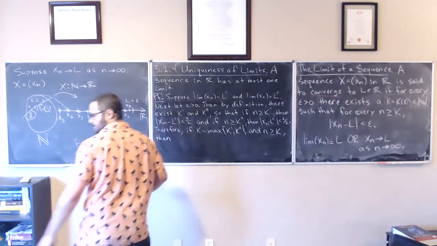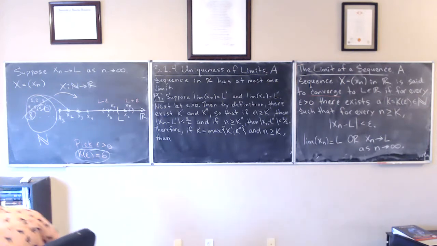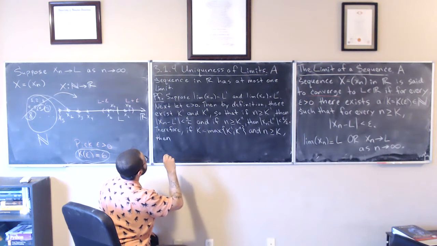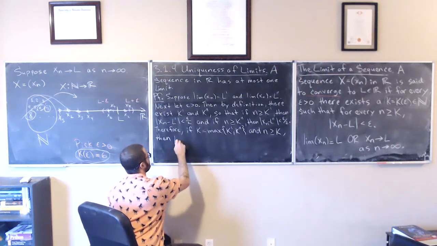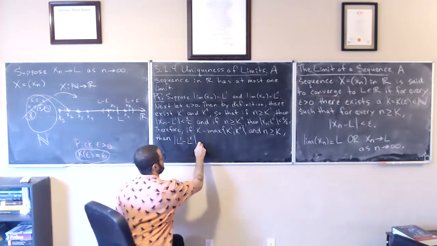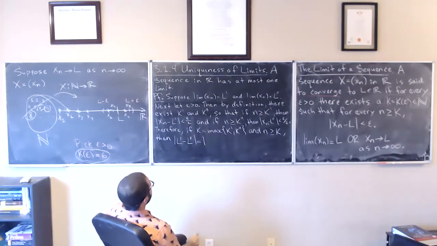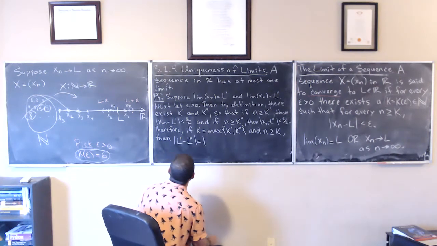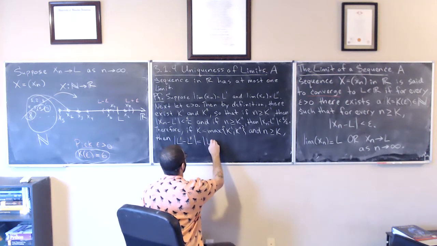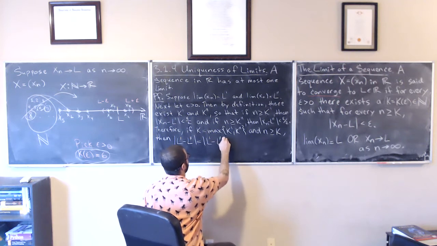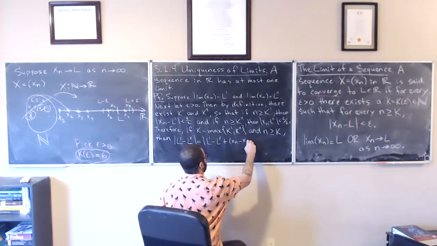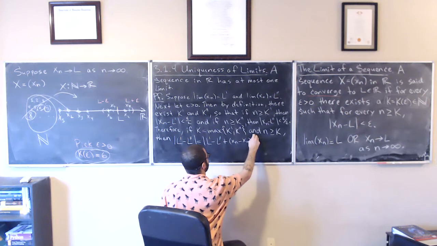So if k is equal to that, and n is greater than or equal to that k, then if we look at the distance between L prime and L double prime, what can we say? L prime minus L double prime is equal to L prime minus L double prime plus xn minus xn, right?